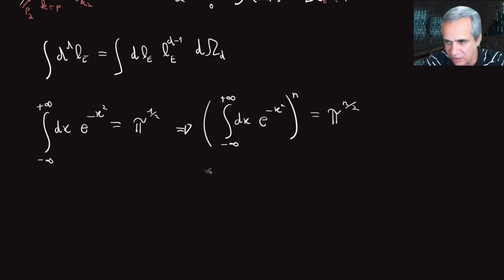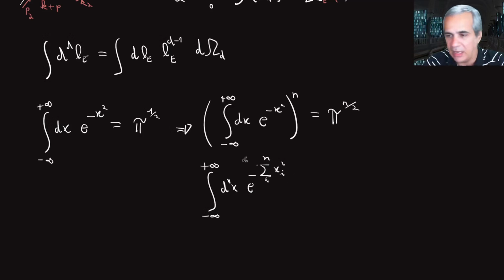So this is the same as writing, I just have to rename variables here, d^n x of the exponential of minus the sum over x_i squared. You have n terms like that.